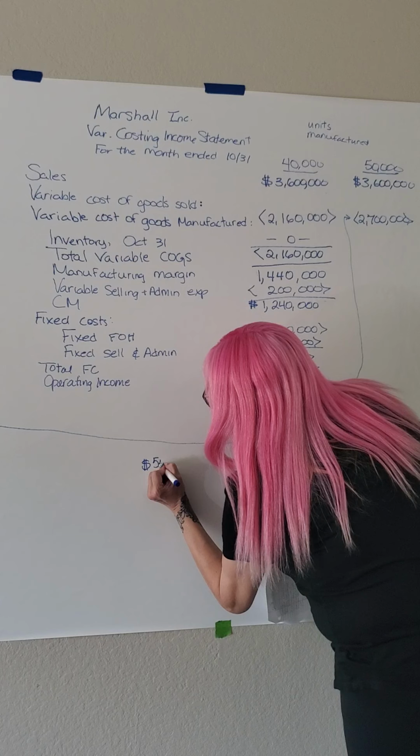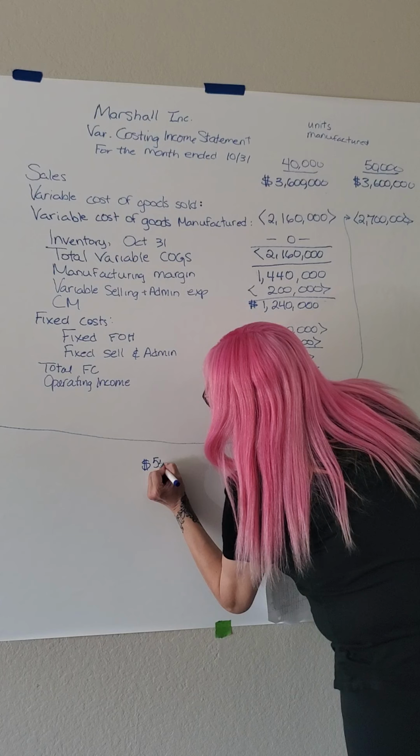And then we can add to that our fixed factory overhead costs. So then we've got fixed FOH at 50,000. And that's going to equal the 120,000.